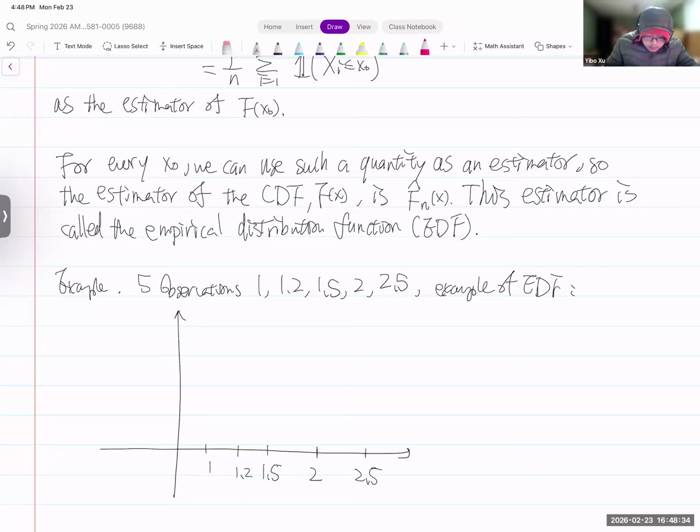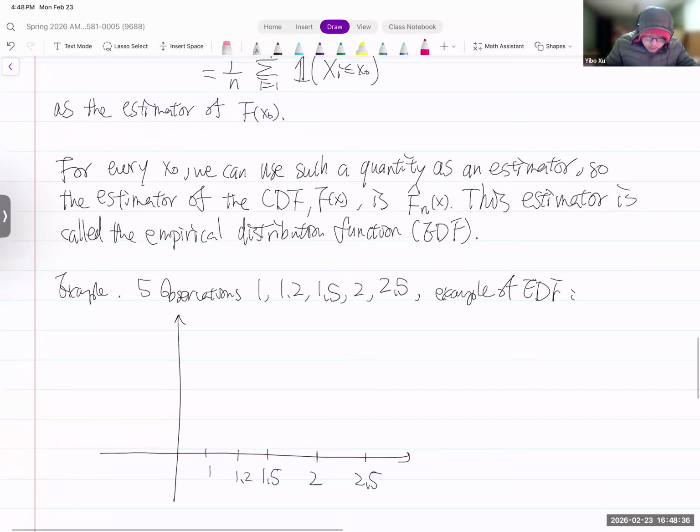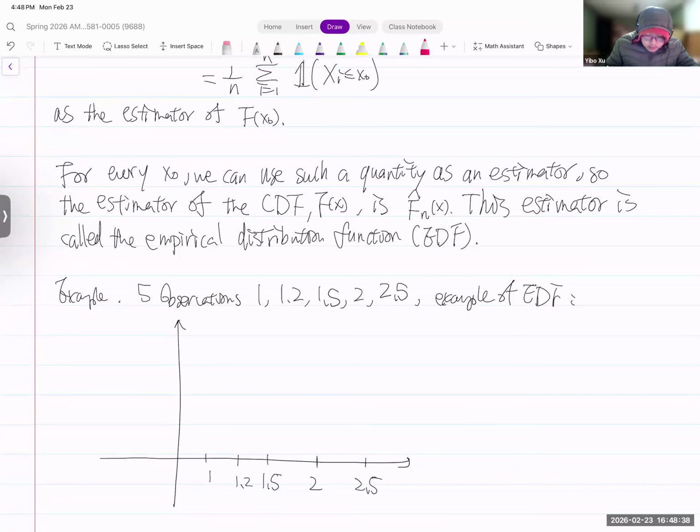Now, you remember x0 is an upper bound, so it includes the sample value. Let's just count. When x0 is 1, one sample is at most 1, so that's right here, one fifth.